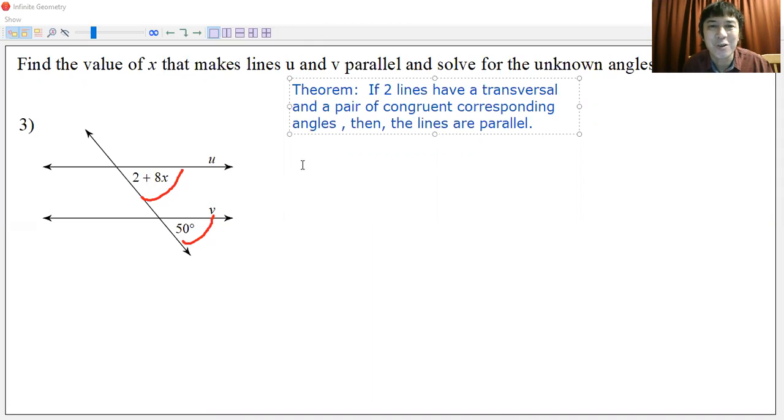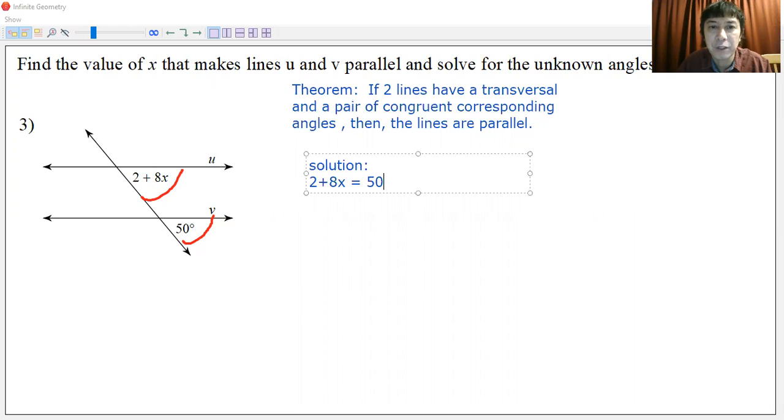All right, and so for the solution, we will set up the equation. They're supposed to be congruent so that lines u and v are parallel. So we have here 2 plus 8x. That should be equal to 50.